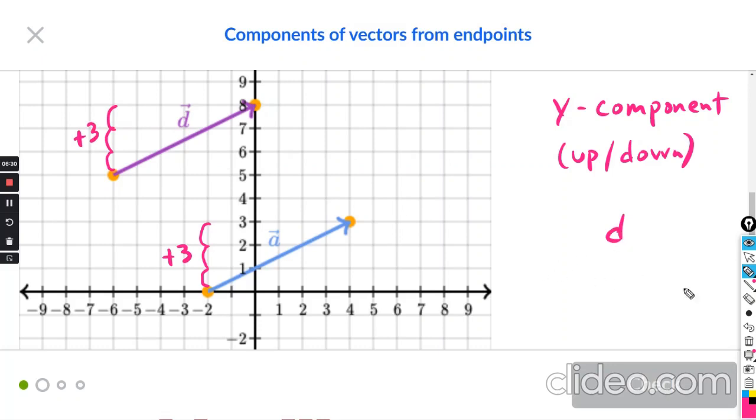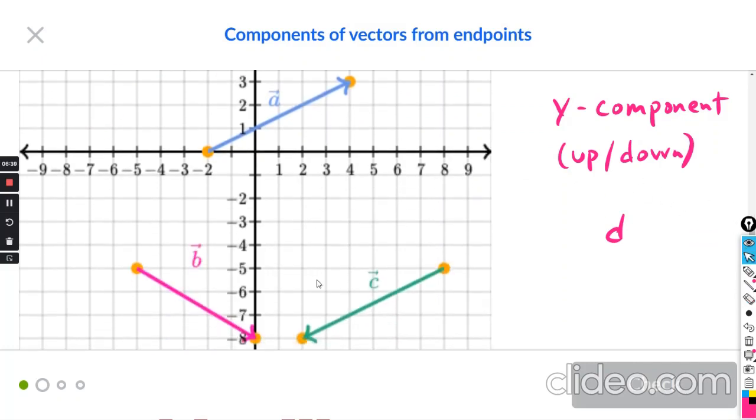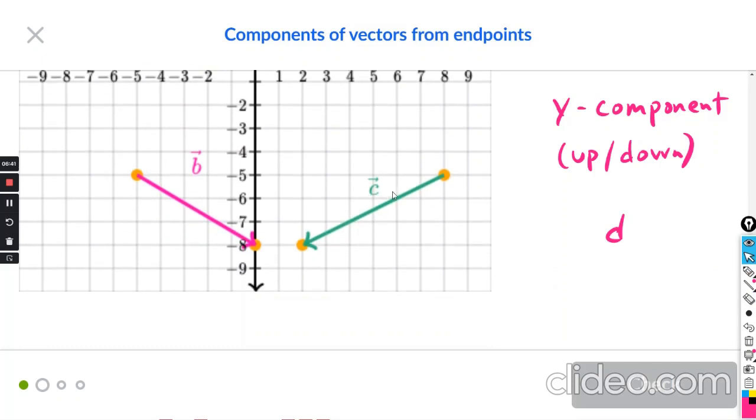Let's look at the other ones. Scrolling down here, we can see that vector C starts here and it travels down. So this one would actually be negative 3. It starts here and it goes 1, 2, 3.